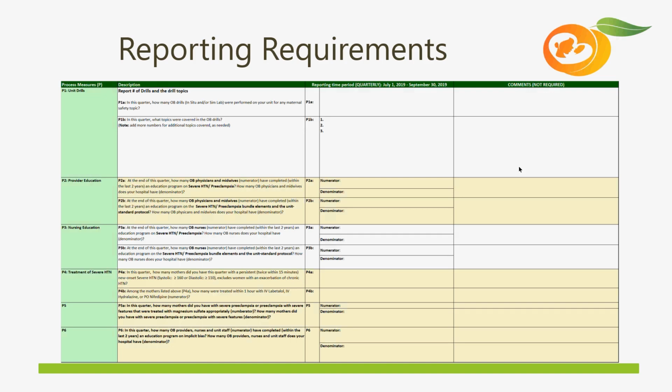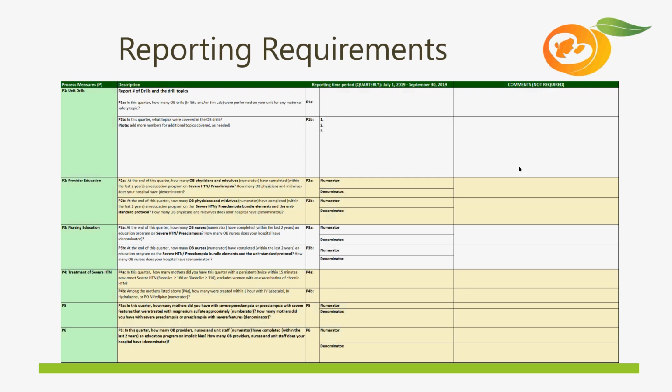So the number of drills and the drill topics, provider education, nursing education. We're not going to collect on treatment of severe hypertension, and I'm seeing some fields over in the green that I didn't fill in earlier. I apologize, but P5 will be treatment with magnesium sulfate, and P6 will be titled implicit bias education. For this slide, it will be the unit drills, how many were completed and what was the topic.